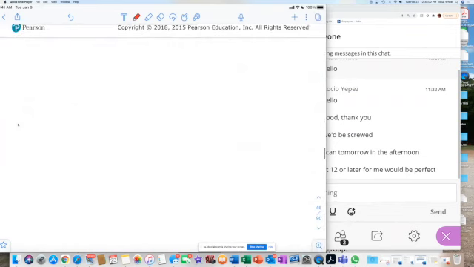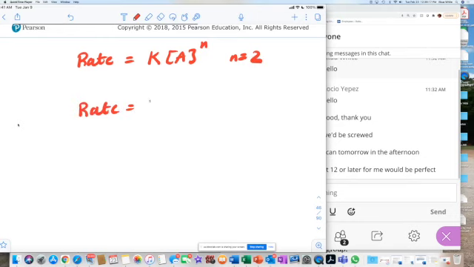Yeah, we went over this where we said for a second order reaction, the rate law is equal to this, the generic form, A raised to the power n, where n is equal to 2. So rate is equal to K, A raised to the power 2. So how are rate and the concentration of A related?